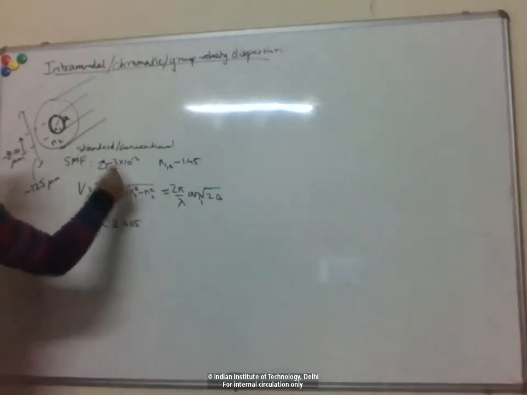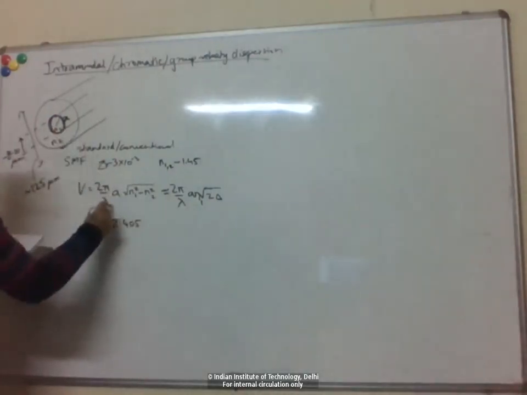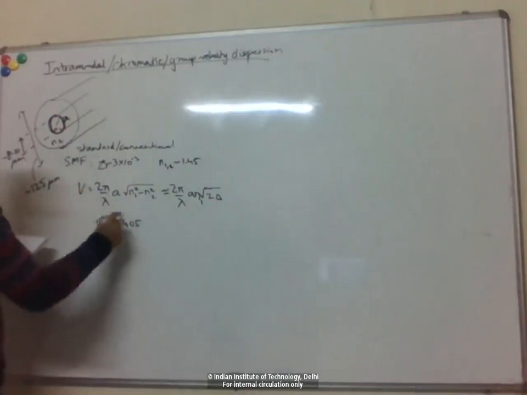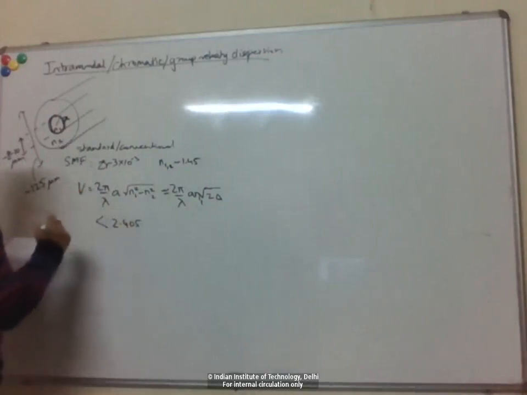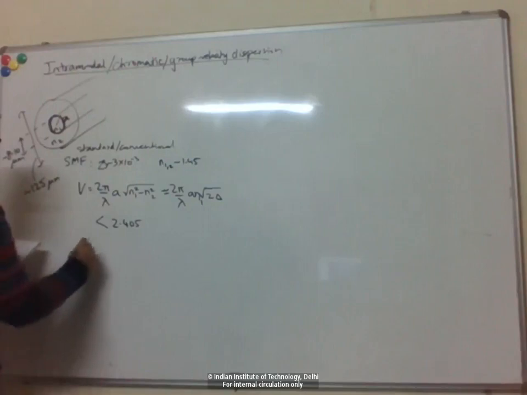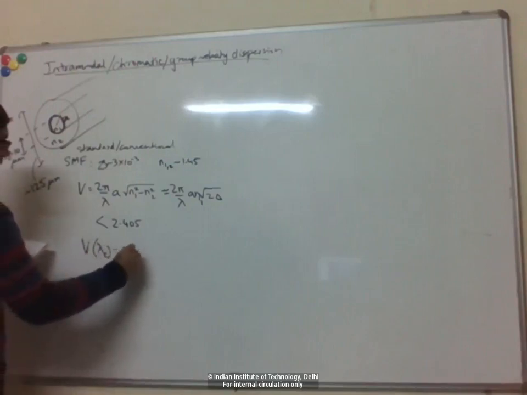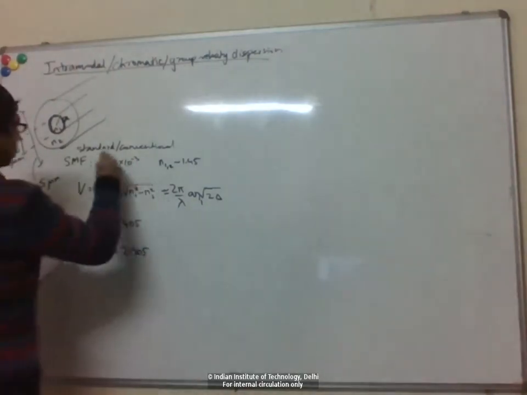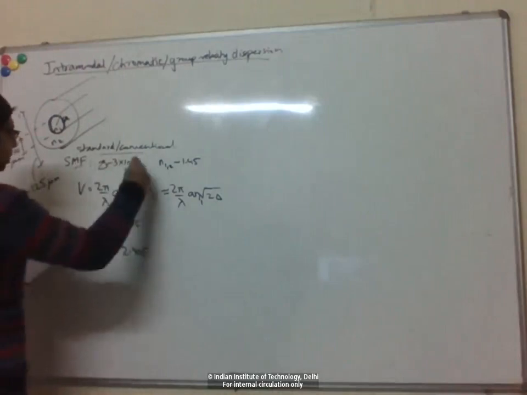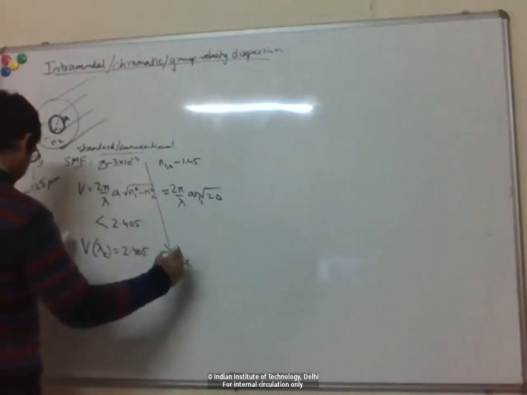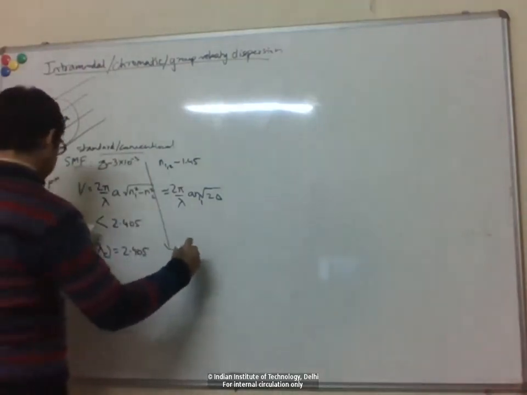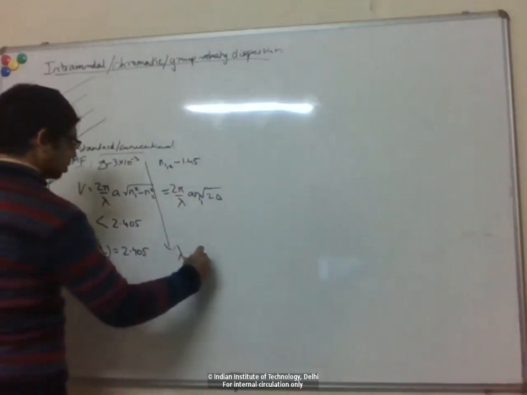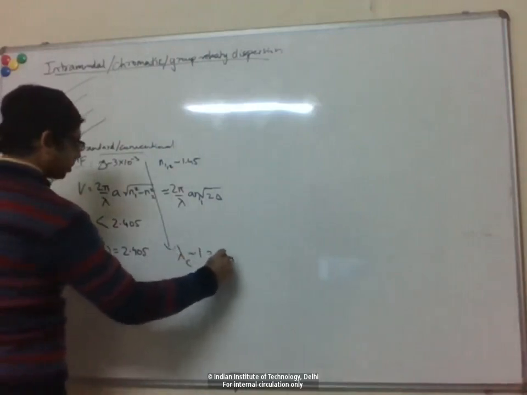So for a given fiber, the wavelength at which this V becomes this value is known as the cutoff wavelength, right? So V at the cutoff wavelength is equal to this. For this conventional standard single mode fiber, the cutoff wavelength typically is around 1.2 micron, right?